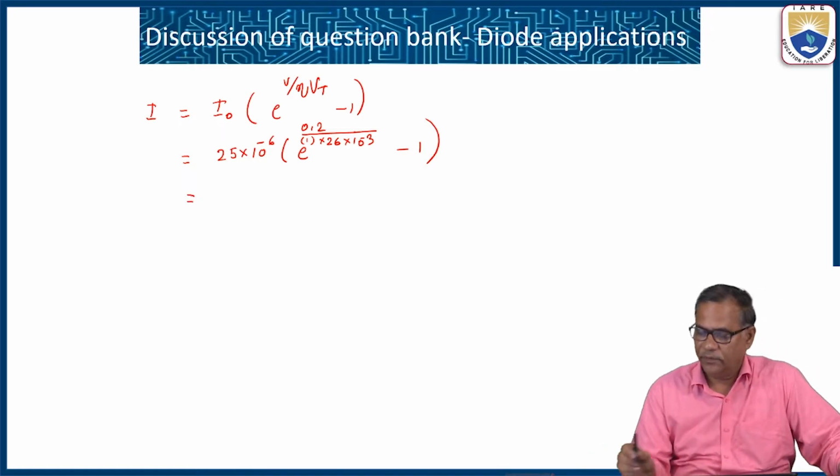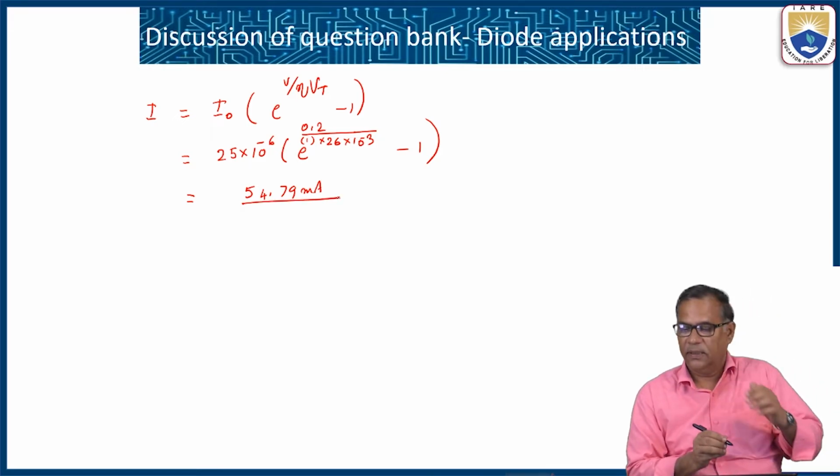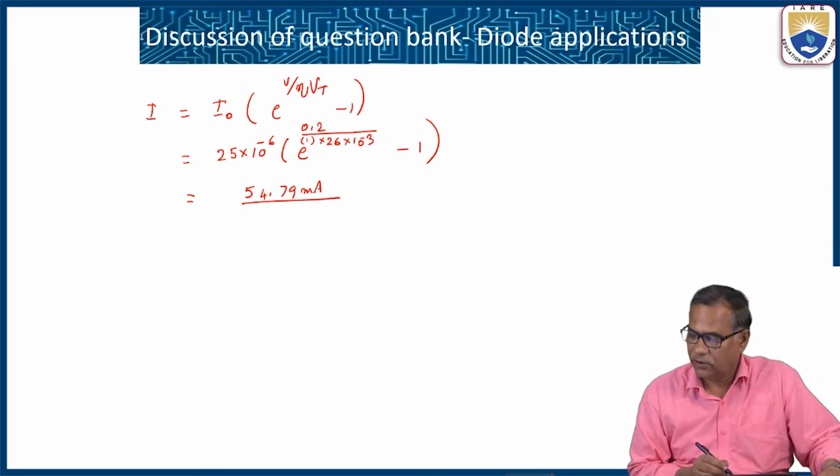So this is equal to 54.79 milliamperes. So this is the current at the bias of 0.2 volts.